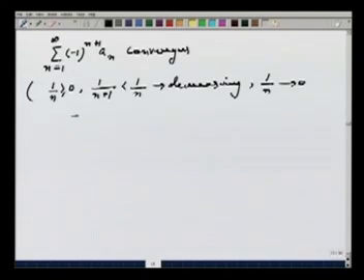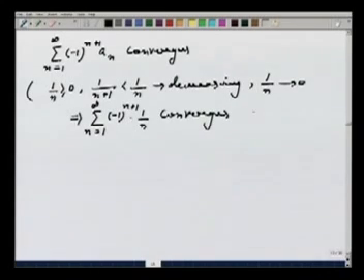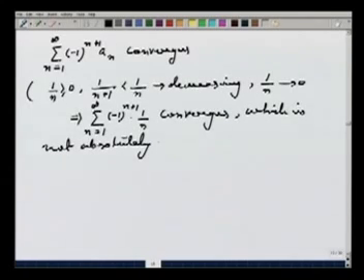Hence, by the Leibniz test, summation n from 1 to infinity, minus 1 to the power n plus 1 into 1 by n, converges, which is not absolutely convergent. So in particular, it also gives me an example of a series which converges but is not absolutely convergent.